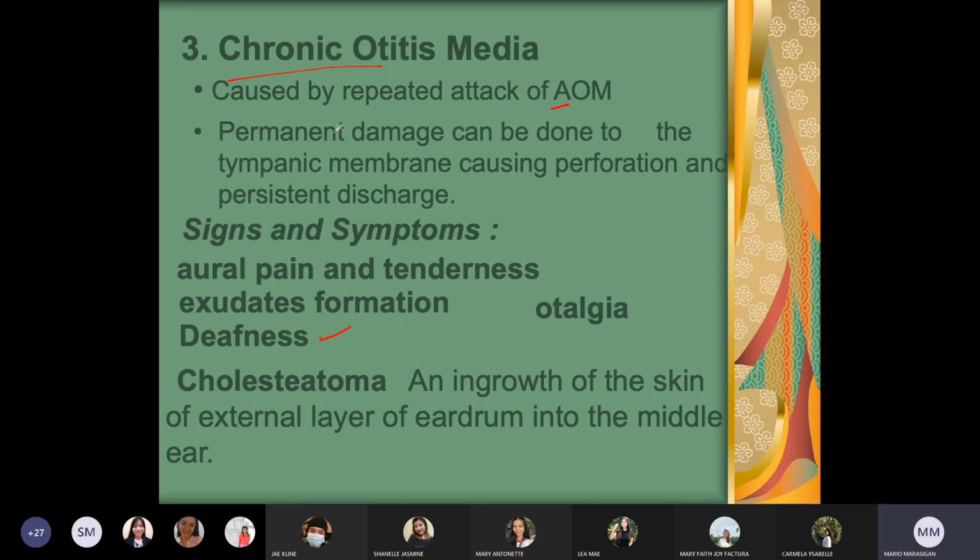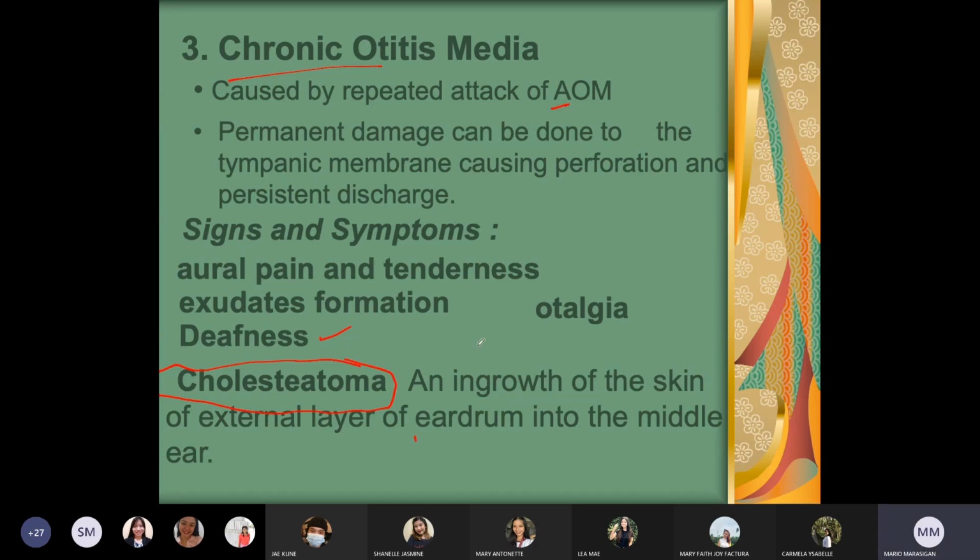The difference in acute, sa chronic, meron na siyang cholesteatoma. Sa acute, wala. So, what is cholesteatoma? Cholesteatoma is an ingrowth of the skin, the external layer of the eardrum, into the middle ear. So, meron siyang parang cyst.